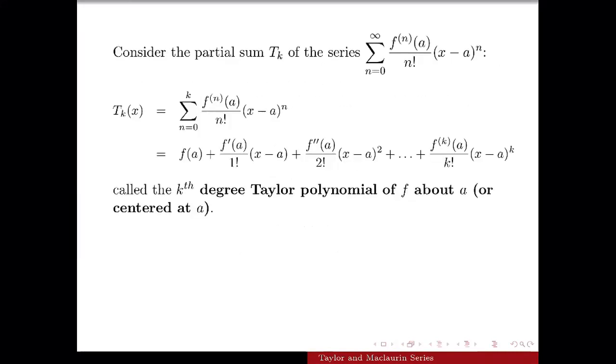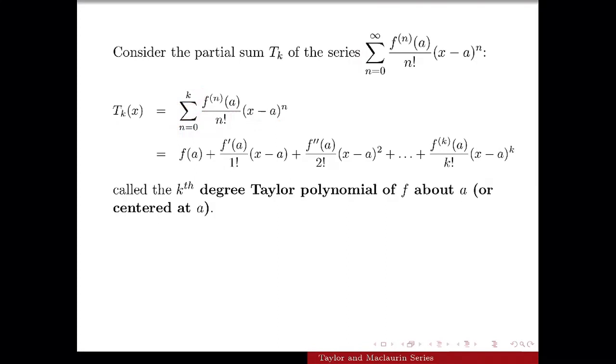Let us consider the partial sum t sub k of the series given by this guy here. So we have t sub k of x equal to the sum from n equals 0 up to k of the nth derivative of f evaluated at a over n factorial times x minus a to the n.